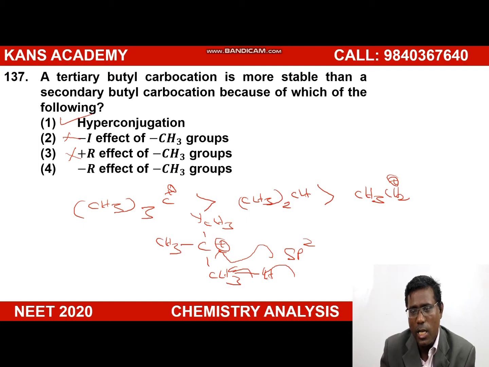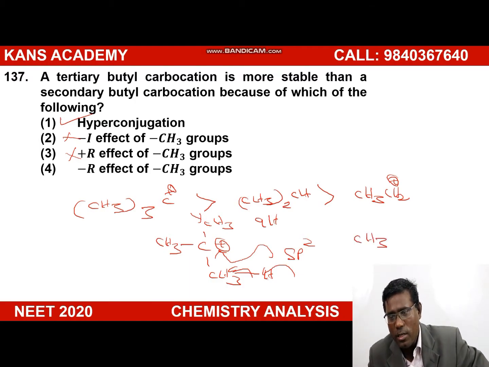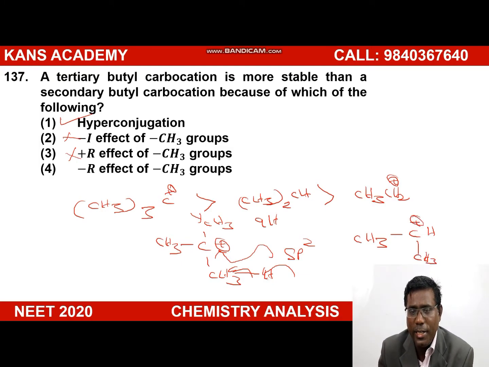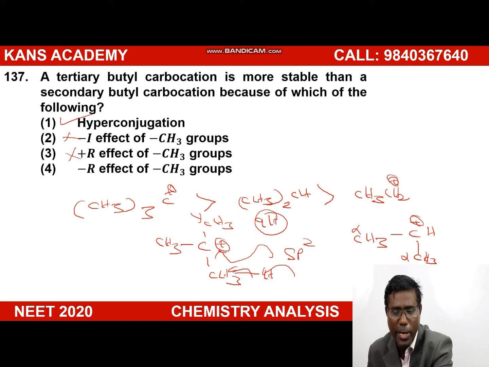Whereas the secondary carbocation has carbon with 2 methyl groups, and the alpha carbons have totally 6 hydrogens. So compared to 9 hydrogens for tertiary butyl, this has 6. Obviously more resonance structures are possible for hyperconjugation in tertiary butyl carbocation. So it has to be explained by the hyperconjugation effect.